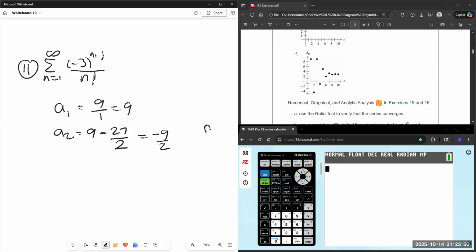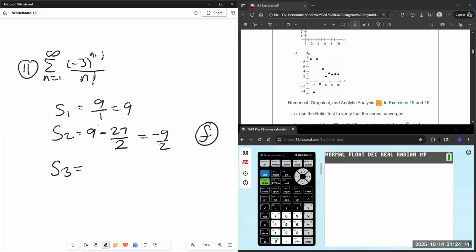So already I can tell, because it's alternating, that that one has to be F. I don't have to look any further. There is only one of them that was 9 and then negative 9/2 and would be alternating back and forth like that. I wanted to find S3.